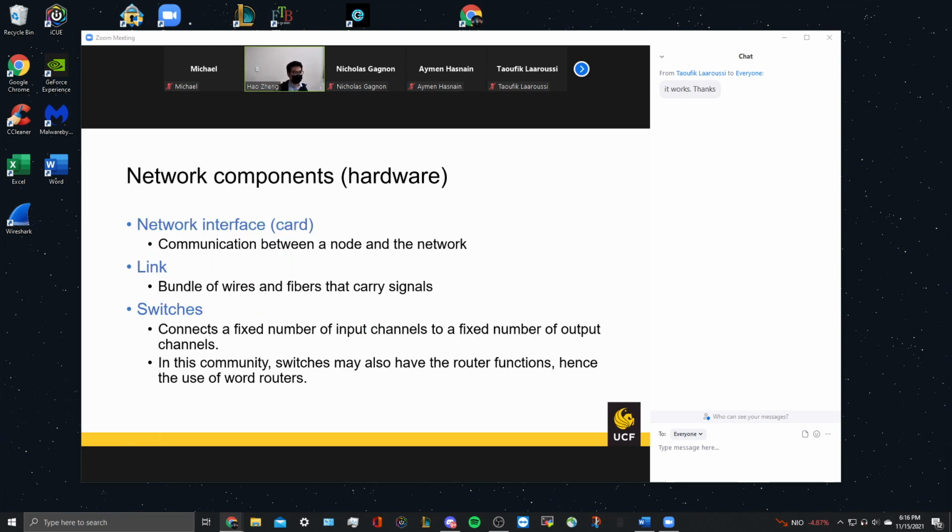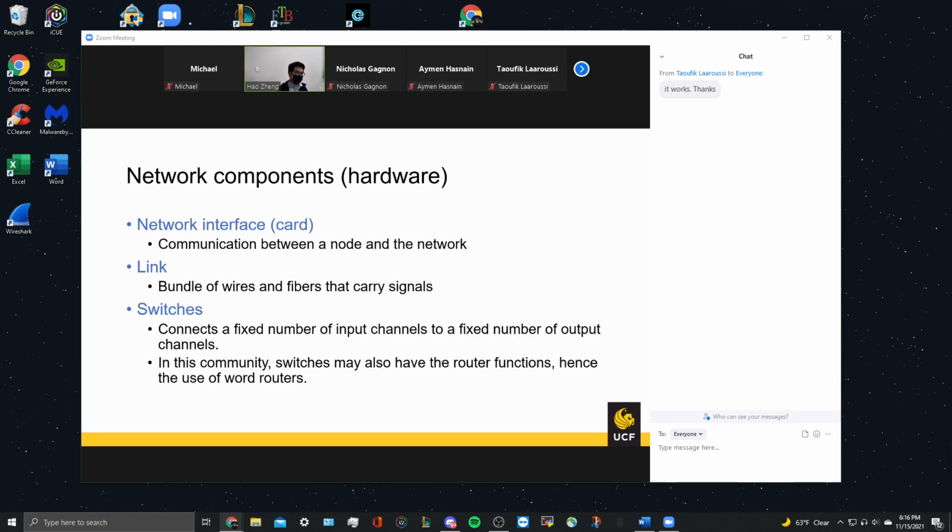And network components, okay, network components. So we have the network interface. So the communication between a node and the network. Why? Because we need to prepare some messages, or the network interface is responsible for receiving and decoding the message that's sent by the other nodes, right?